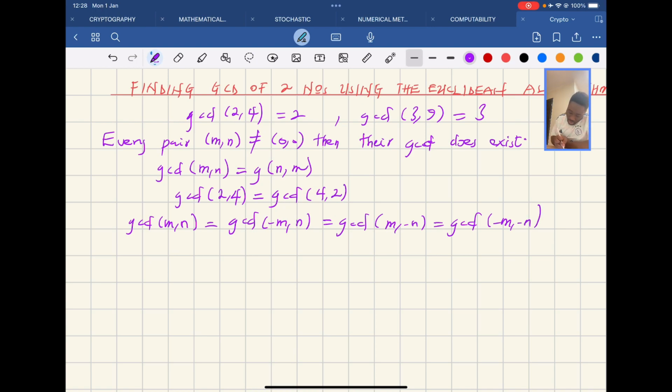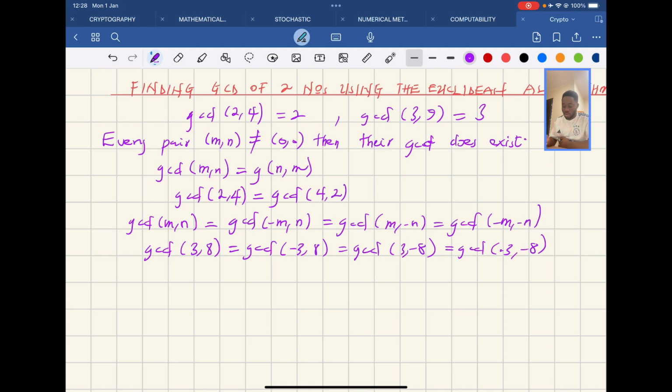So if we have, say, the GCD of 3 and 8, it will be the same as finding the GCD of minus 3 and 8, or the GCD of 3 and minus 8, or the GCD of minus 3 and minus 8. So these equations are the same.